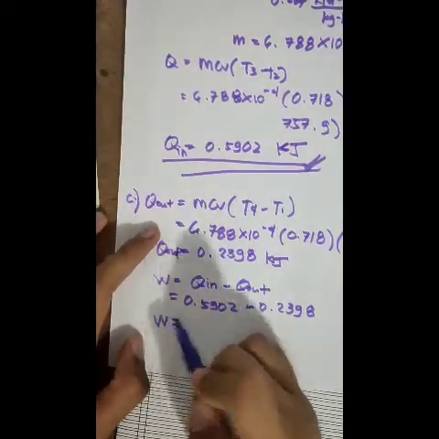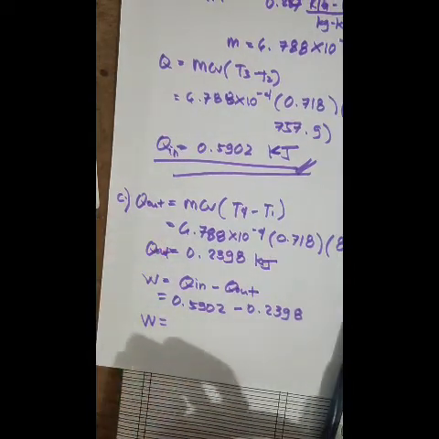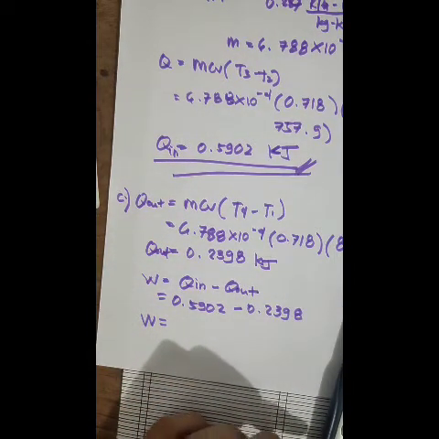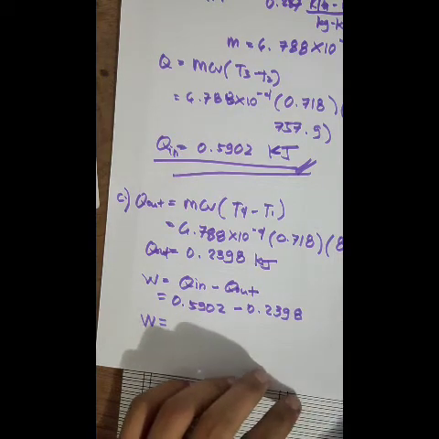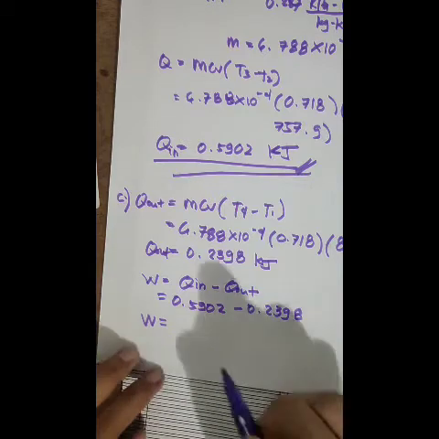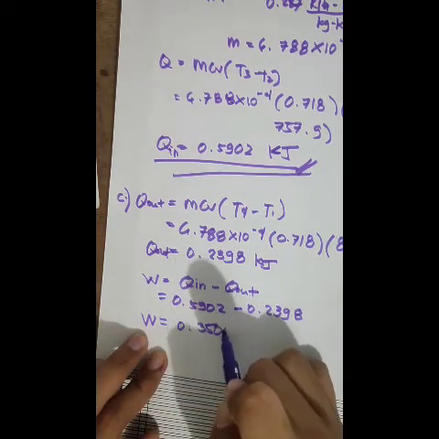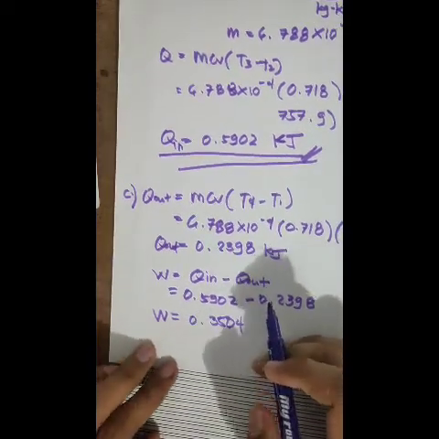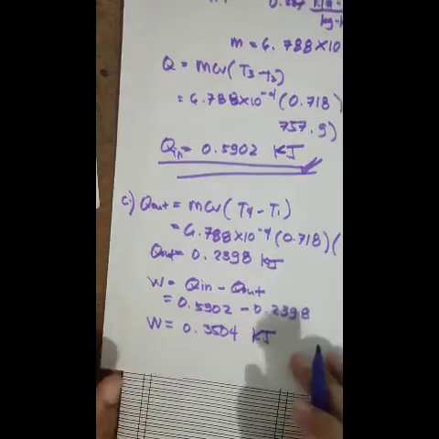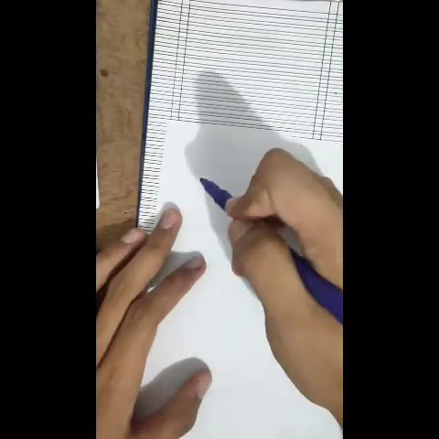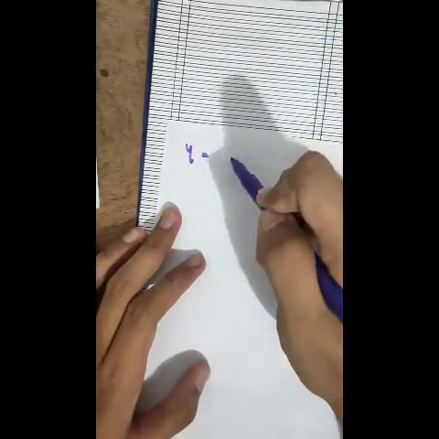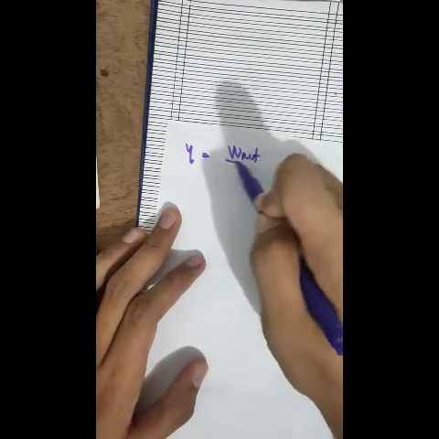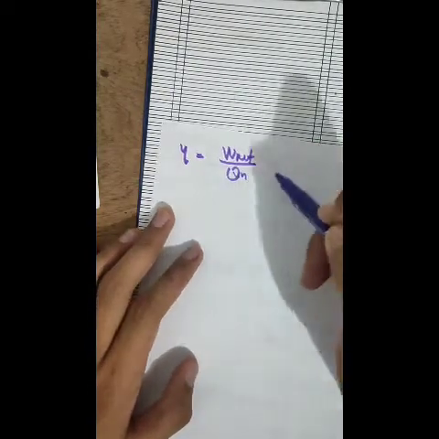So the work is equal to 0.5902 minus 0.2398 is equal to 0.3504 kilojoule. So for finding the efficiency, it is equal to work net over Q in.